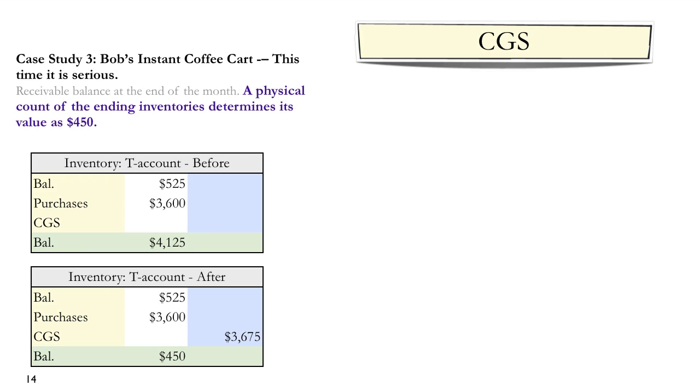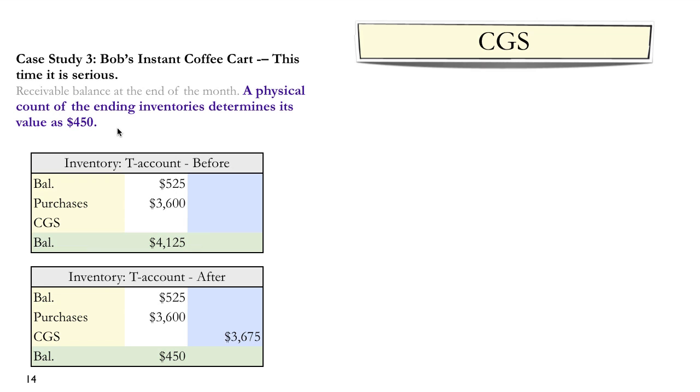Cost of goods sold is another transaction we've seen before. Before cost of goods sold is recognized, we look at the inventory T account, beginning balance of $525, purchases of $3,600, meaning the current balance is $4,125.